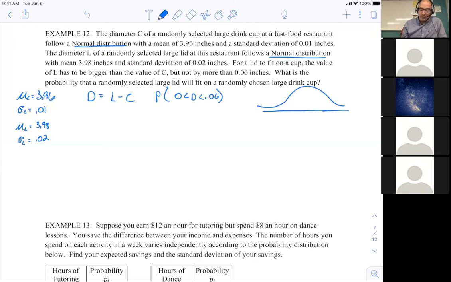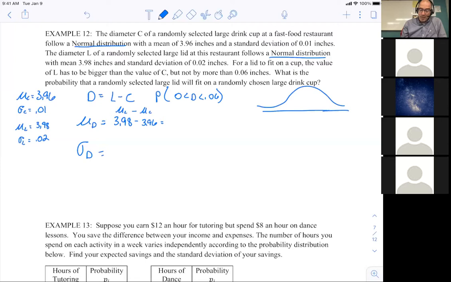But my problem is, in order to do this calculation, I have to find out the mean of my difference and the standard deviation of that difference. So we have to be able to put 2 groups together. The mean's going to be easy, okay? Because that's going to be 3.98 for my lid minus 3.96 for my cup.